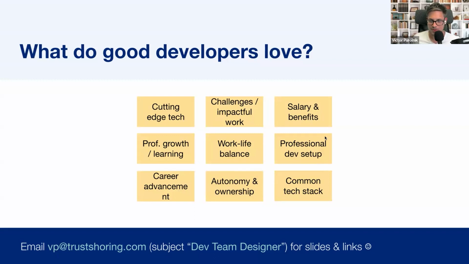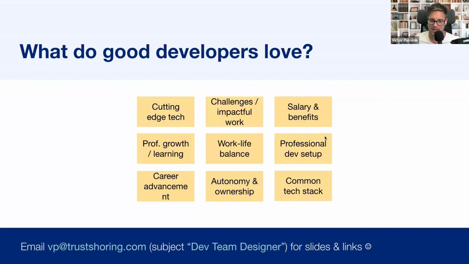Career advancement, of course. If you know that, for example, there's going to be a leadership position down the road because you're building your team, or you actually have career paths, mention it too. Autonomy and ownership is a big one within small bootstrap companies, where you can give entire features, feature sets, anything directly to a developer that they can own, have a bit of autonomy on, and then just run with the feature and have an actual impact once they release it.